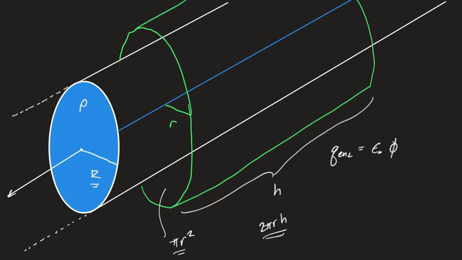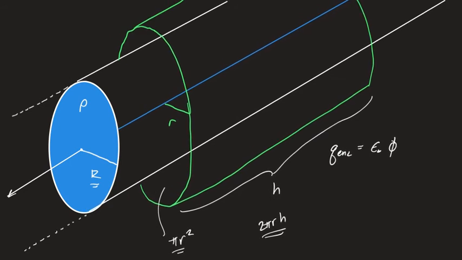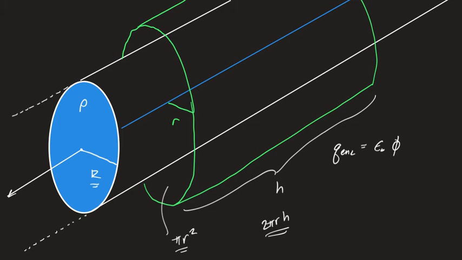So we're just talking about the area of that side of the Gaussian surface. It's a can, you know.